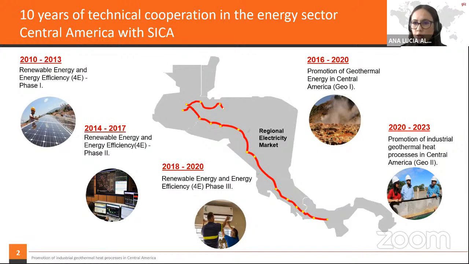We started with renewables in general, biogas, photovoltaic, energy efficiency, of course. But yes, we identified that there was an opportunity of promoting much more the geothermal resources in the region.